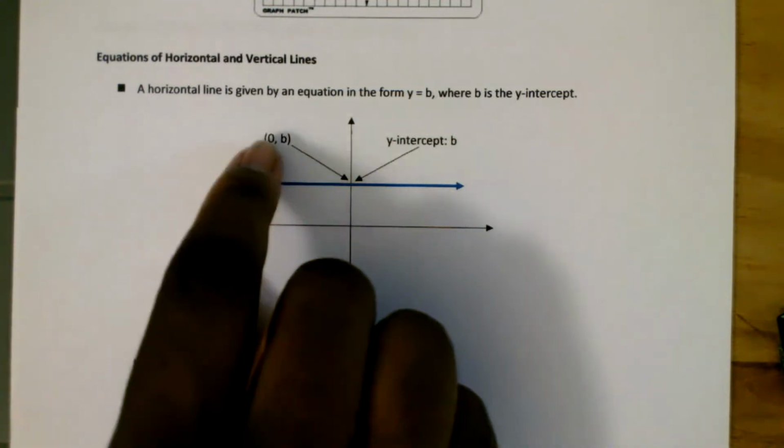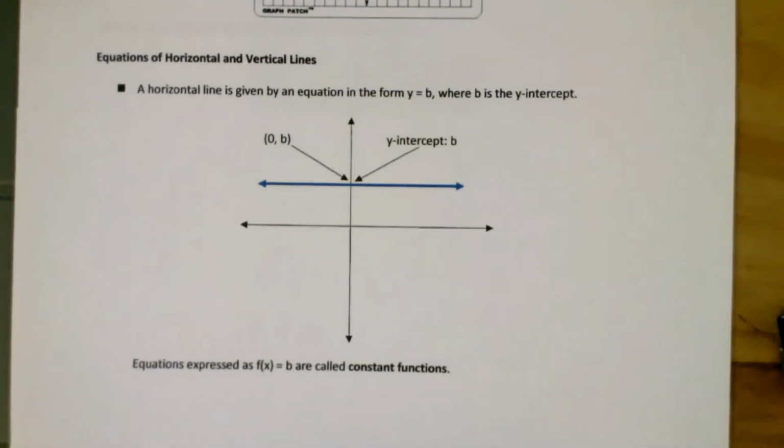And that y-intercept is, of course, the ordered pair (0, b). And equations expressed as f of x equal to b are considered to be constant functions. Guess what they are? Constant functions.